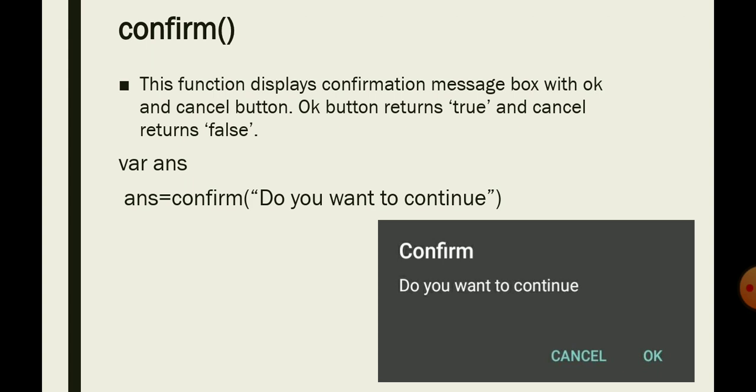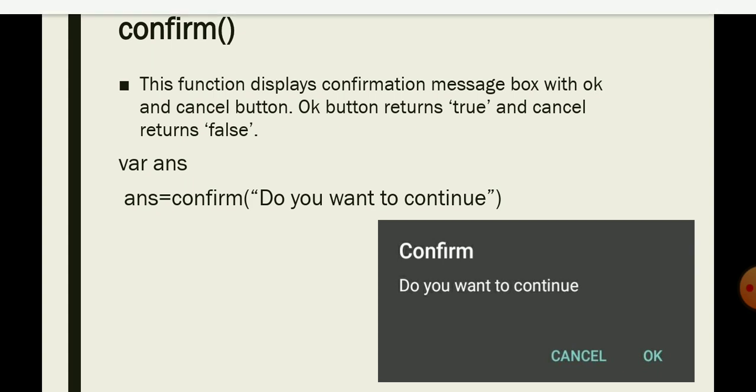For example, if you are going to delete a folder, then a pop-up box comes with the message: are you sure you want to delete this folder? If you are sure, you press OK, else you press Cancel, and your folder will not be deleted.